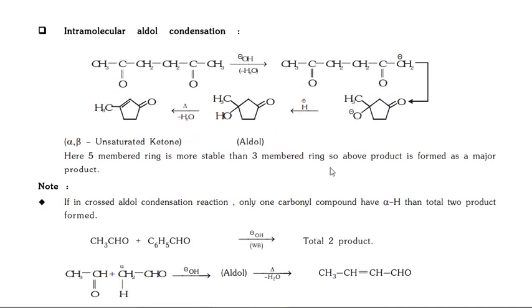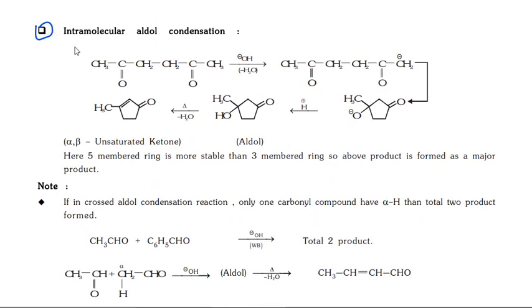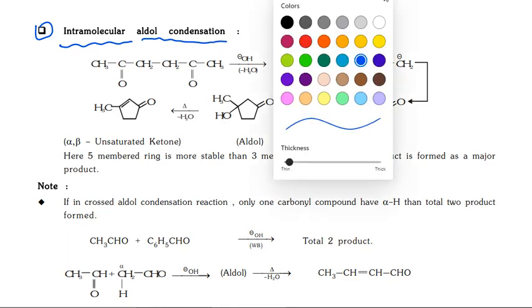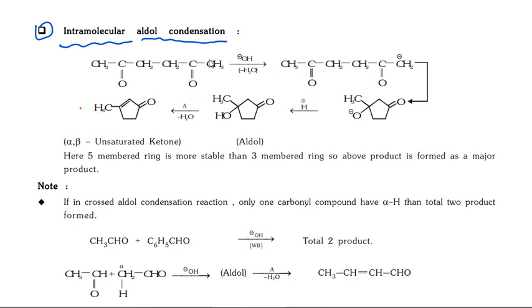Next, some more reactions you can discuss here. Intramolecular aldol condensation. Intramolecular means condensation within the molecule. See here, if an aldehyde and OH minus are present, then 100% it is either Cannizzaro or aldol.